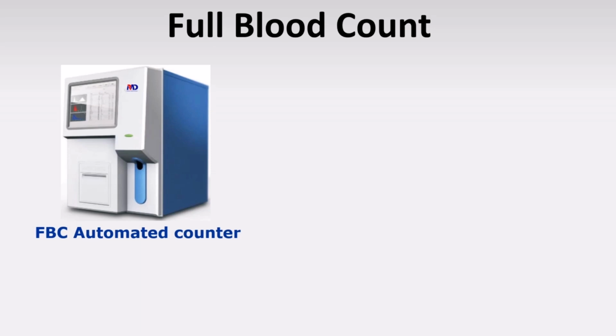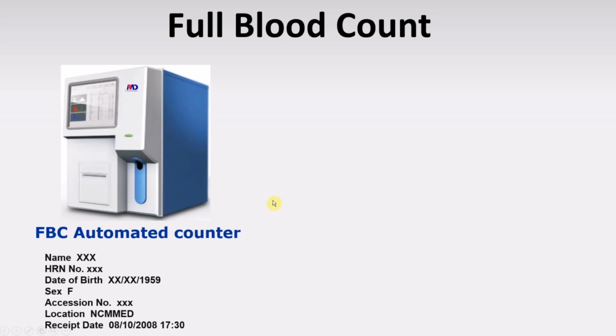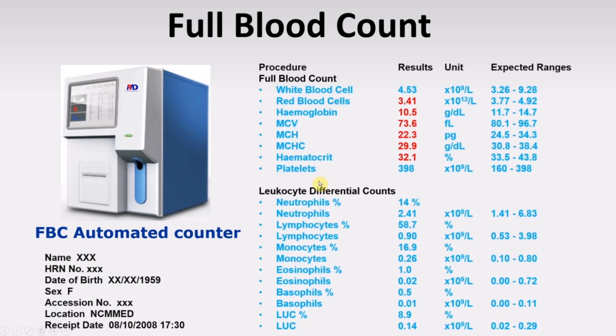These days, full blood count is being done using an automated counter where you just provide a sample of the patient's blood to the automated counter, and it will then churn out a strip with all the patient's details as well as a series of numbers that comprises your blood counts as well as white blood cells differential counts, right? Your leukocytes differential counts.